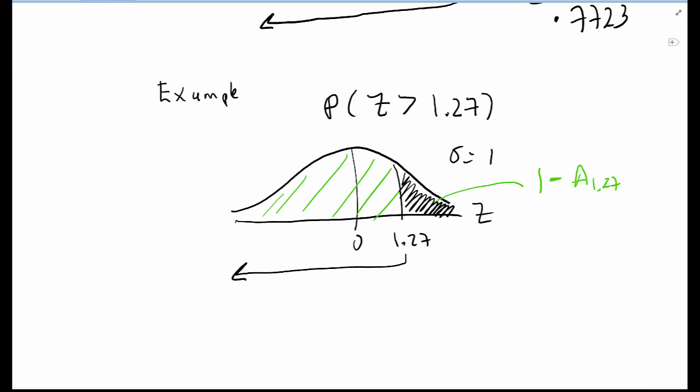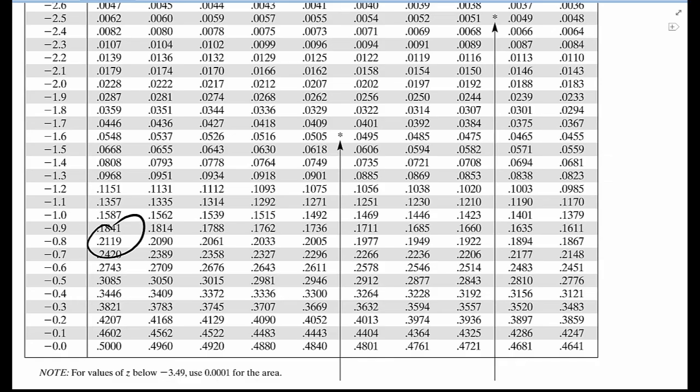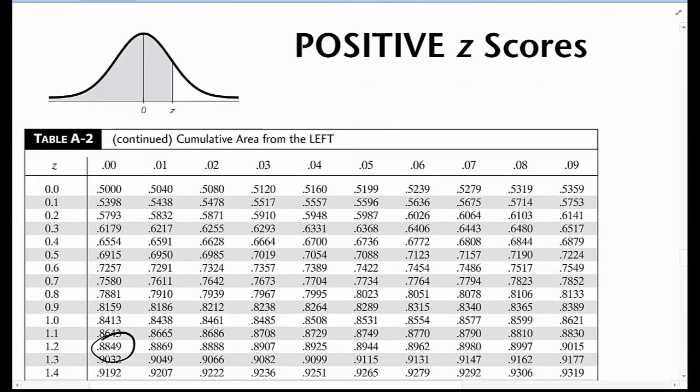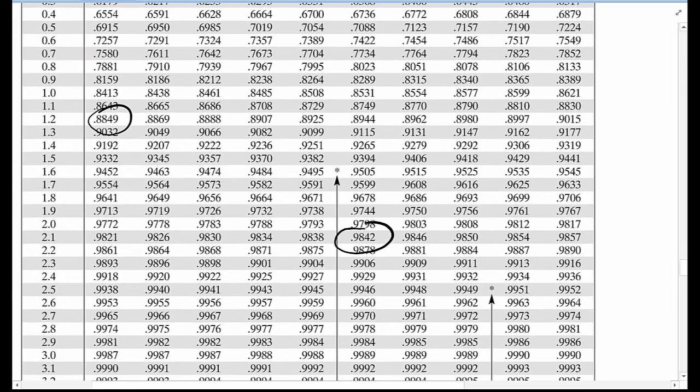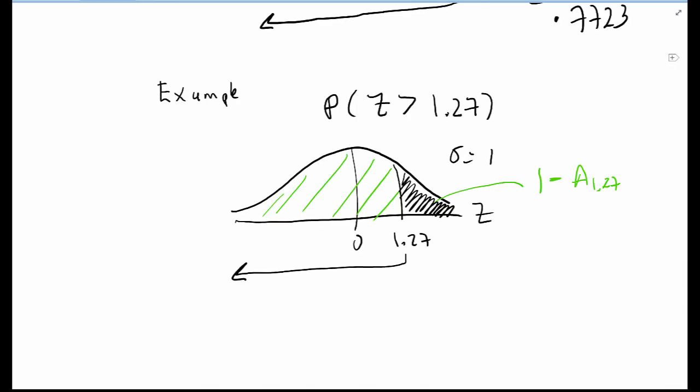If we go to the positive table right here, and we go to 1.27, 1.2, 1.27, 0, 1, 2, 3, 4, 5, 6, 7, we get that this area is 8980. All right, so what is this area?